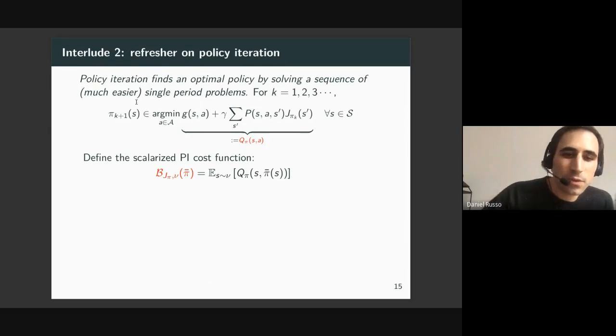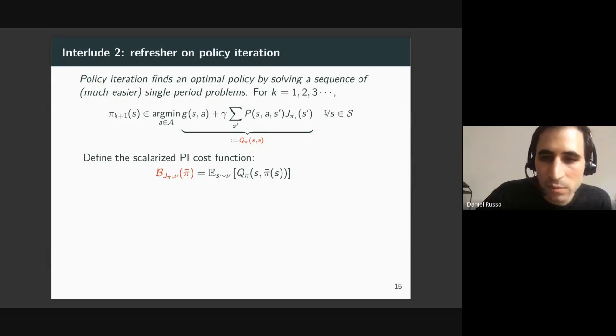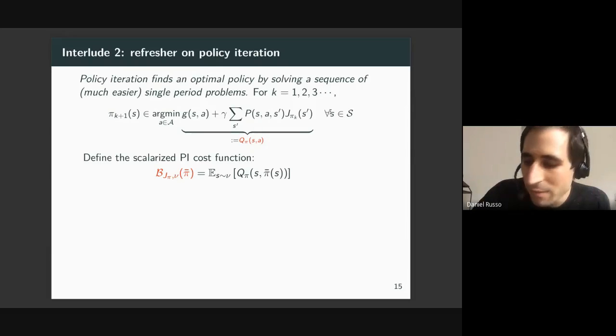Now, it's difficult for us to talk about this object because it requires solving a minimization problem simultaneously over every state S, which isn't possible with constrained policy classes. So what we're going to do is define a scalarized version, which essentially averages this quantity over a set of states randomly drawn from a distribution nu.